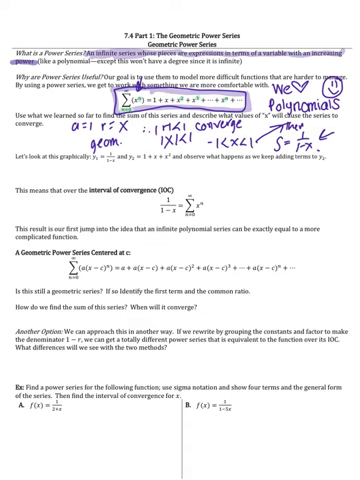So I want you to think about what we just said. We just said if x falls between these two values, meaning for this interval of convergence from -1 to 1, so if our value falls within that range, then these two things are actually equal. 1 over 1 minus x is actually going to be equal to the sum from n equals 0 to infinity of x to the power of n for x values that fall within this range.